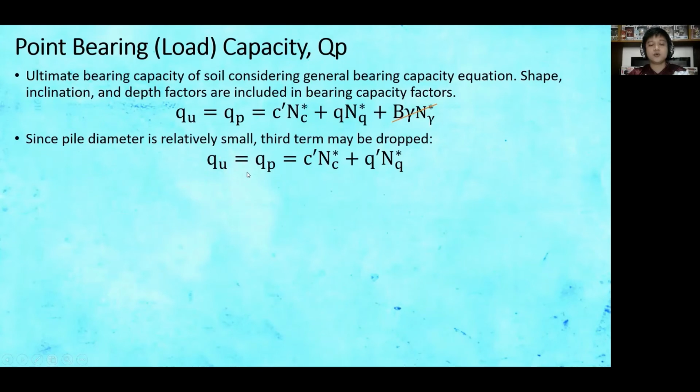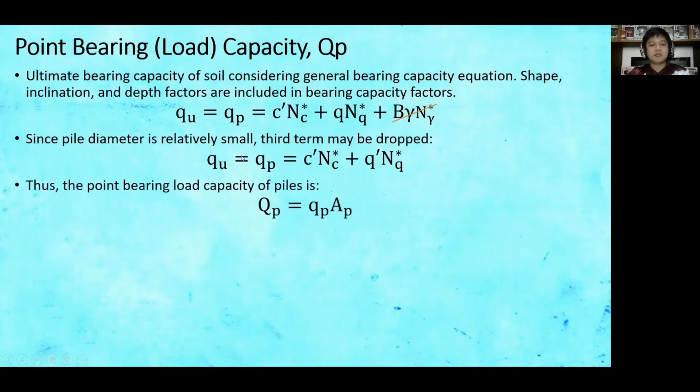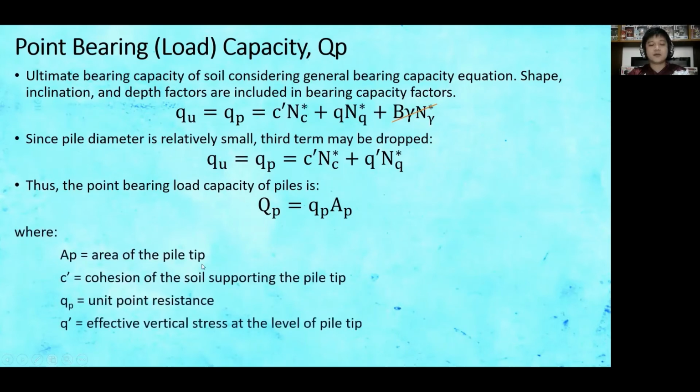Thus, our QU, which is now our small qP, is equal to C prime NC star plus q prime NQ star. Thus, the point bearing load capacity of the pile, our capital Q sub P, is equal to our pressure qP times AP, our area of the pile. AP again is the area of the pipe or our rectangular or square section pile.